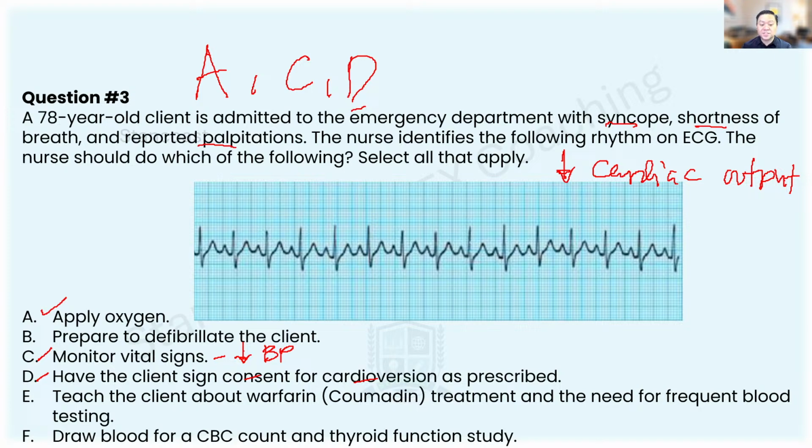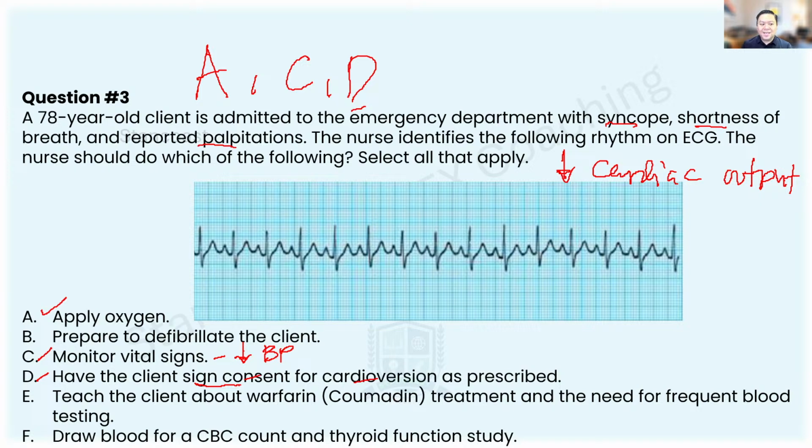We want to restore the sinus rhythm. So this will require us to get their consent. Okay, make sure that you have this before we perform this procedure. Okay, so that is one.